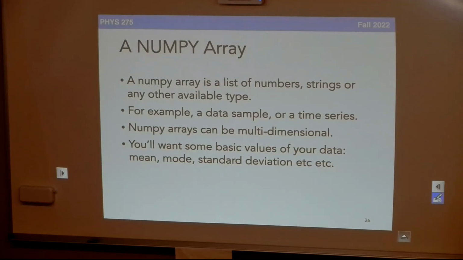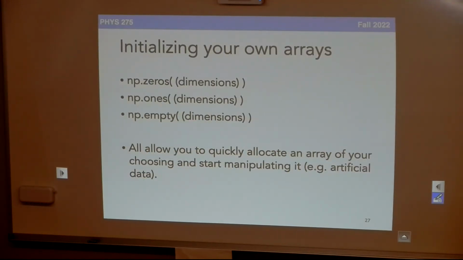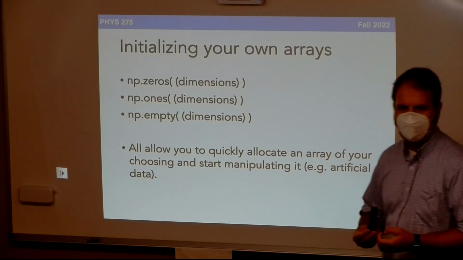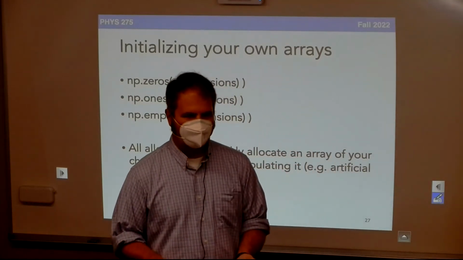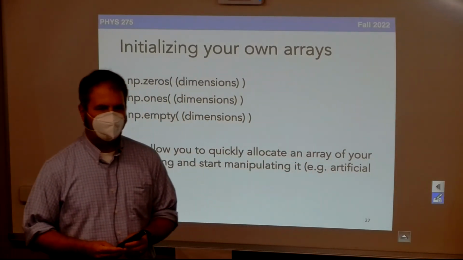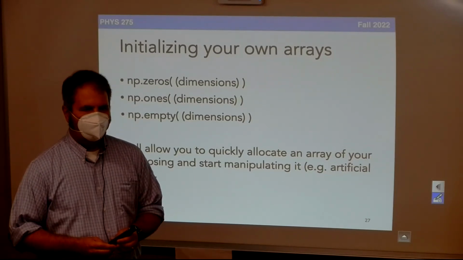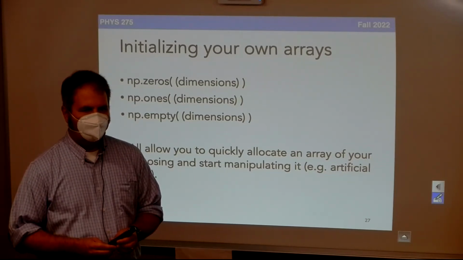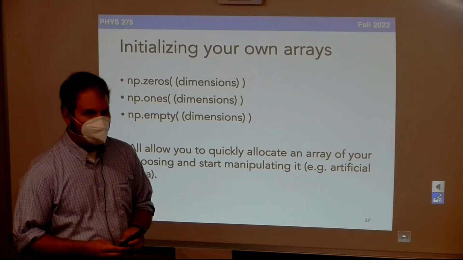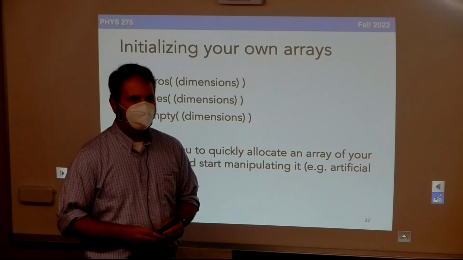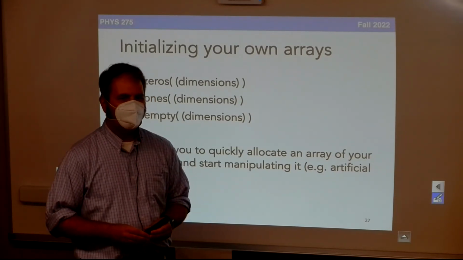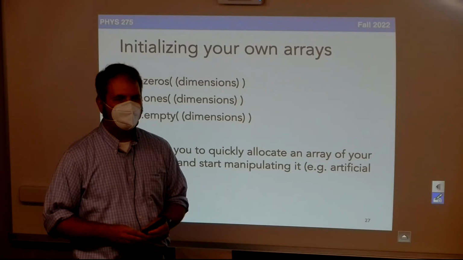If you want those basic values of your data, we can run it through NumPy and get the mean, median, and mode. I realized I sort of skipped over those last time. Do you know what those are? Mean is average. Median is the middle value of the list of numbers.